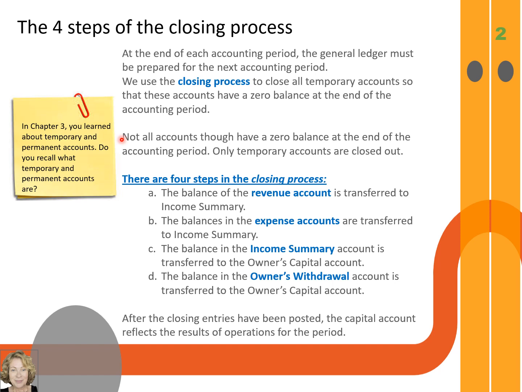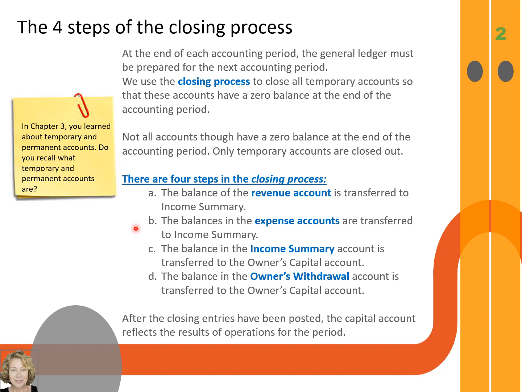So what are those 4 steps? First, we'll close all revenue accounts and those income statement accounts that have credits to an account called income summary. Step 2 is to close all expense accounts and all other income statement accounts with debits to the account income summary.